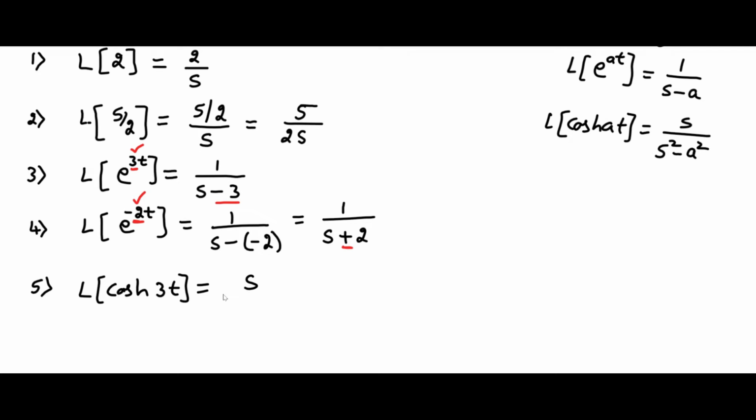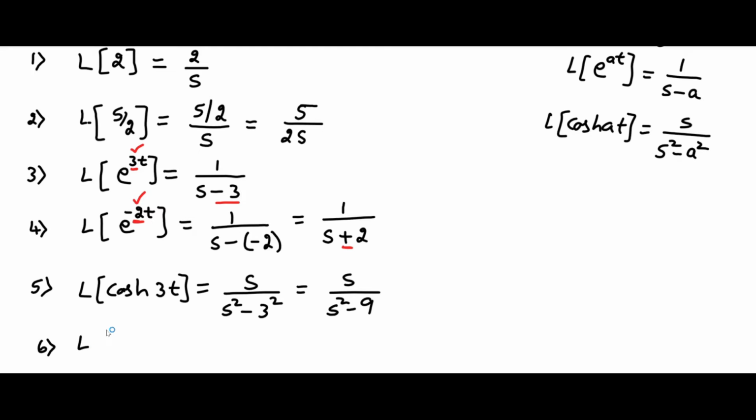So you will be getting s divided by s square minus a square. What is the value of a in this case? The a value is 3, so we'll be getting 3 square. So it is s divided by s square minus 3 square, which is 9.